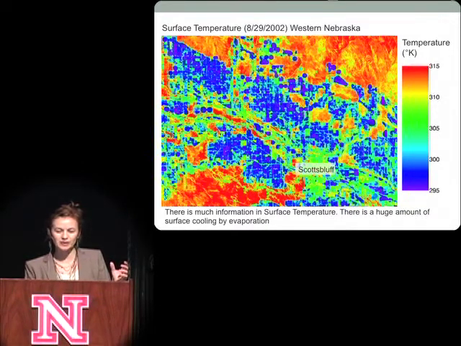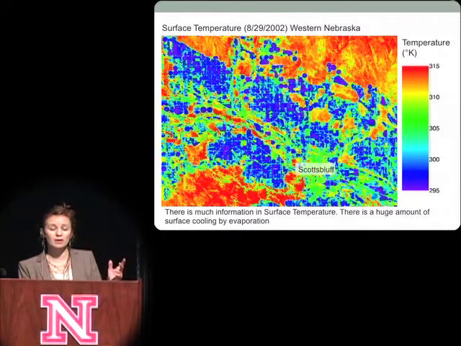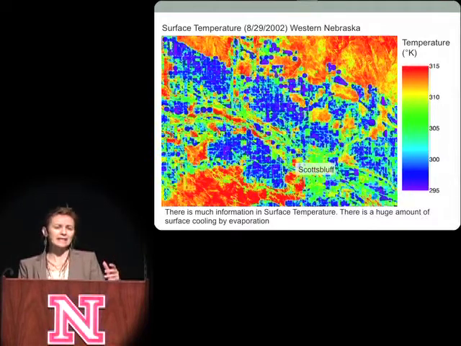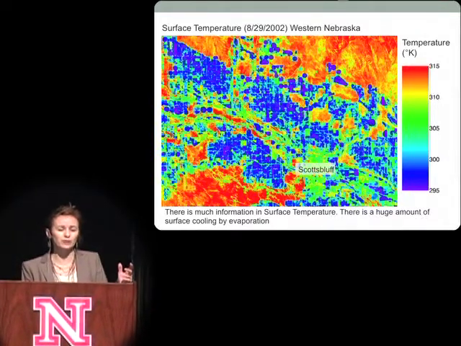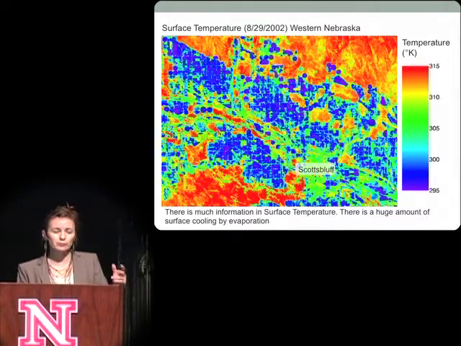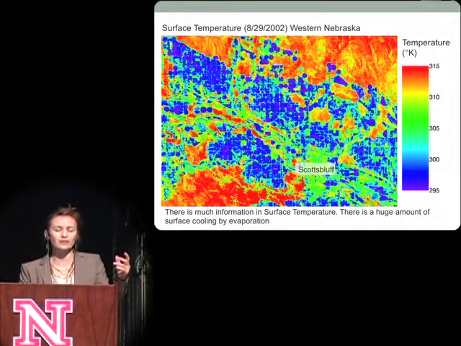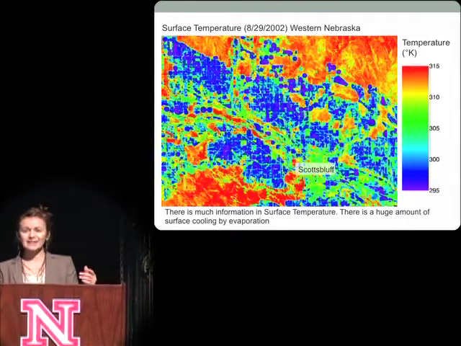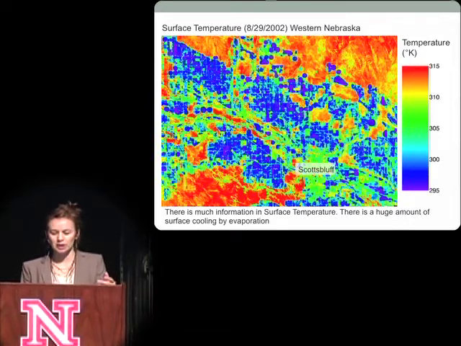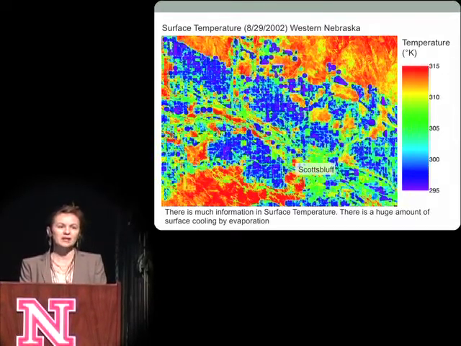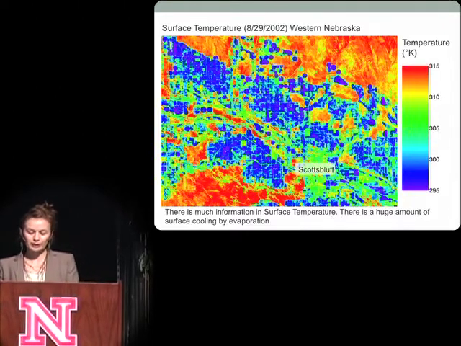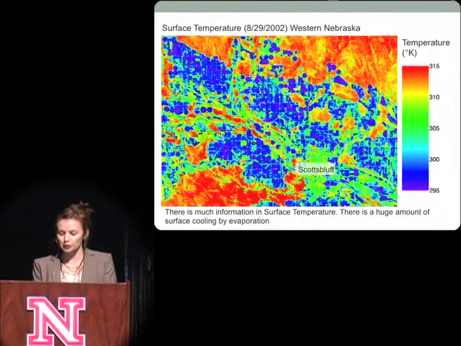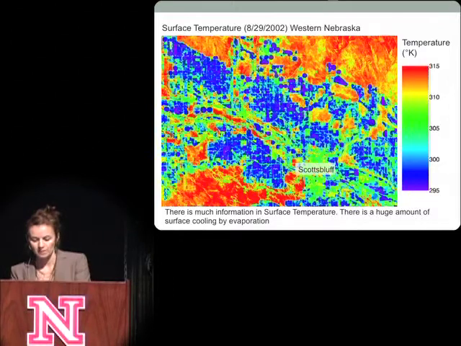When you go to rangeland, dry land, the temperature is 315 or so. So you can really see the impact of evaporative cooling by just looking at this surface temperature map from the thermal imagery. And that's the phenomenon that we use. We can use this surface temperature, or radiometric temperature, to derive the ET.